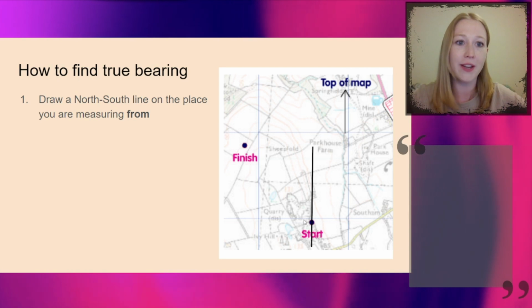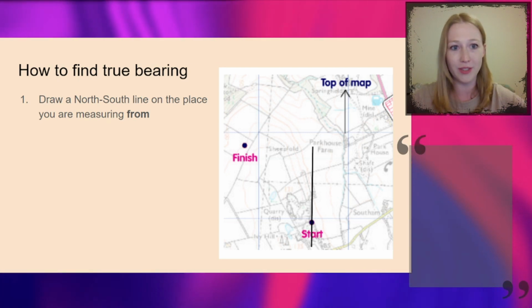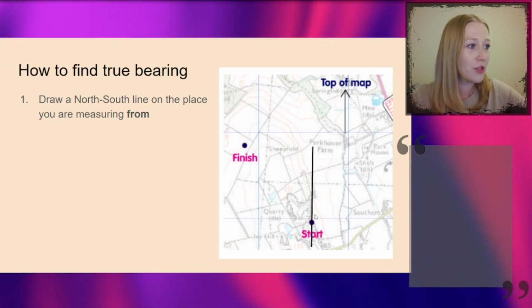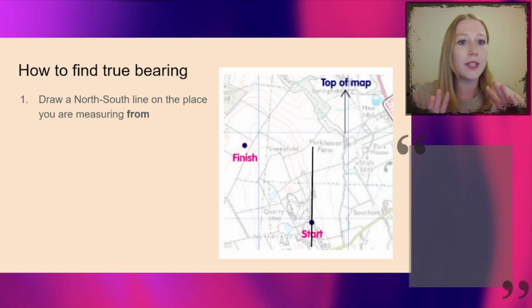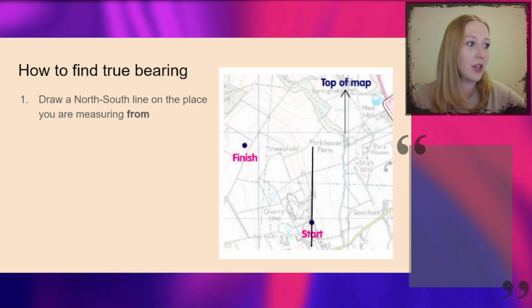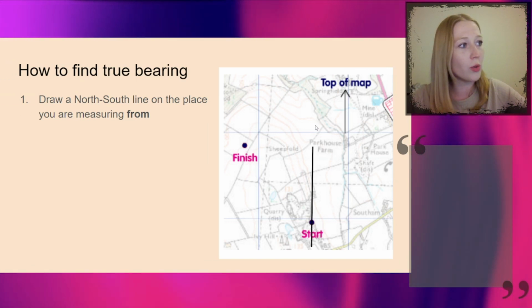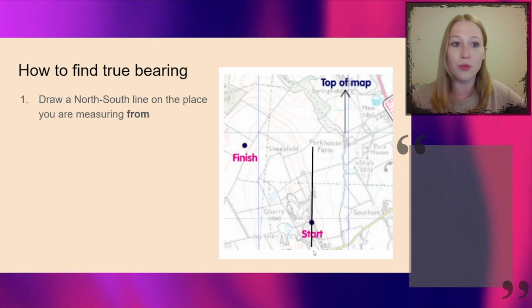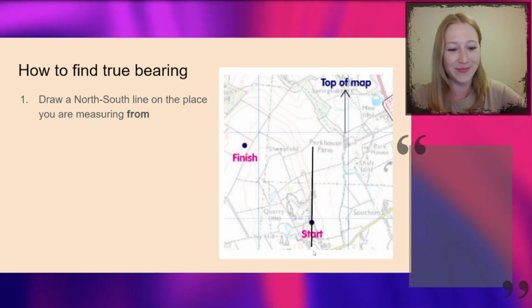When it comes to finding true bearings, we always just start at the start point. So you find your start point, you read the question carefully. What is the bearing of this from this? Look at where you're starting. When you have that spot, draw a north-south line through that starting point. Okay, that's step number one. Great, well done.